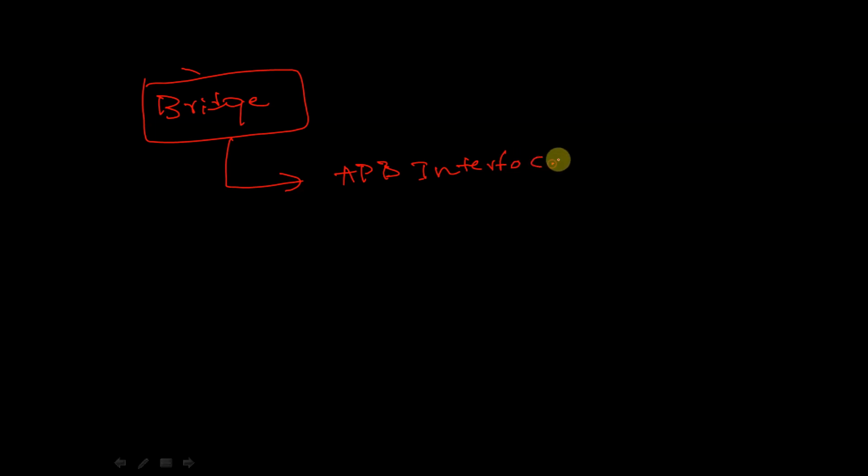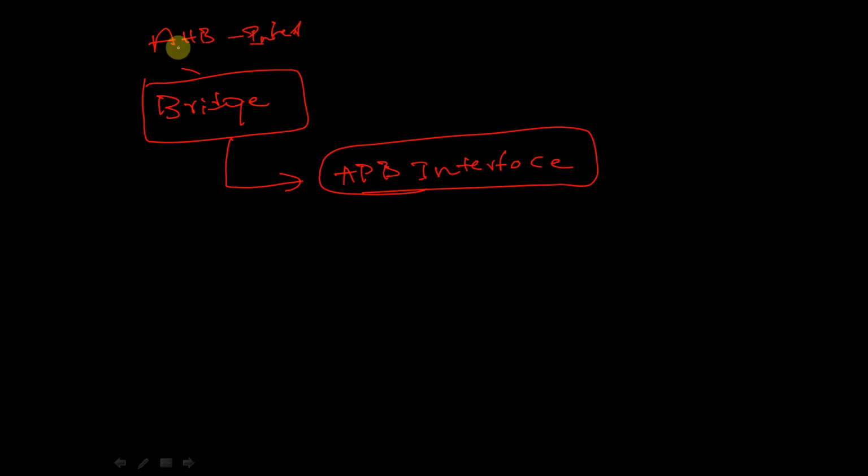Consider this as a bridge, and the bridge is sending data to the APB interface, and here we have an AHB interface, and the AHB interface is sending data to the bridge, and the bridge is sending data to the APB interface.